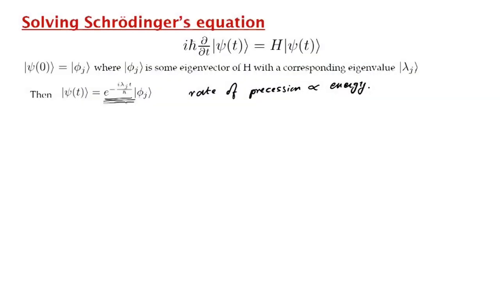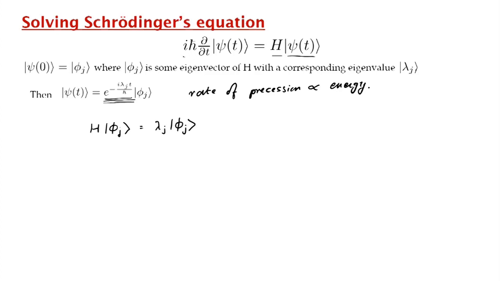Okay, so let's see how we are going to show this. Here's the thing. If our state happens to be phi j, then the right-hand side of this equation is just lambda j times phi sub j.